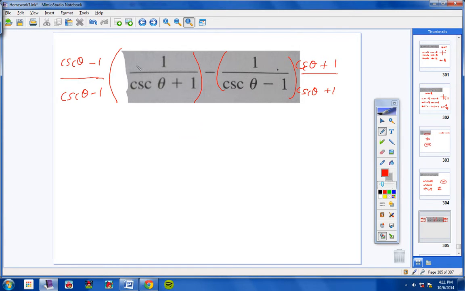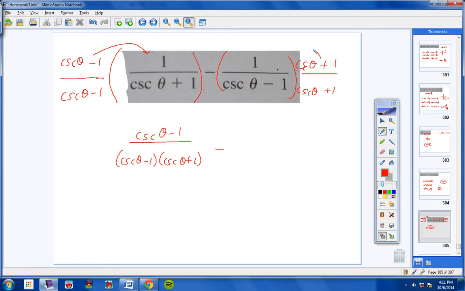Okay, so here we go. Multiply this times the 1, and I get cosecant theta minus 1 over cosecant theta minus 1 times cosecant theta plus 1. Okay?